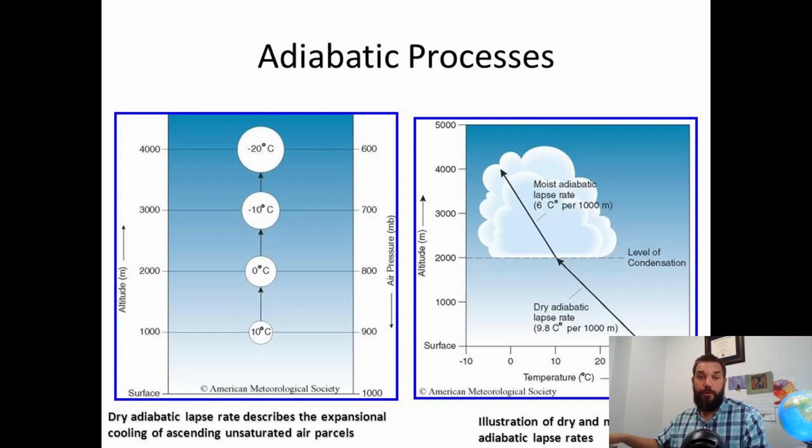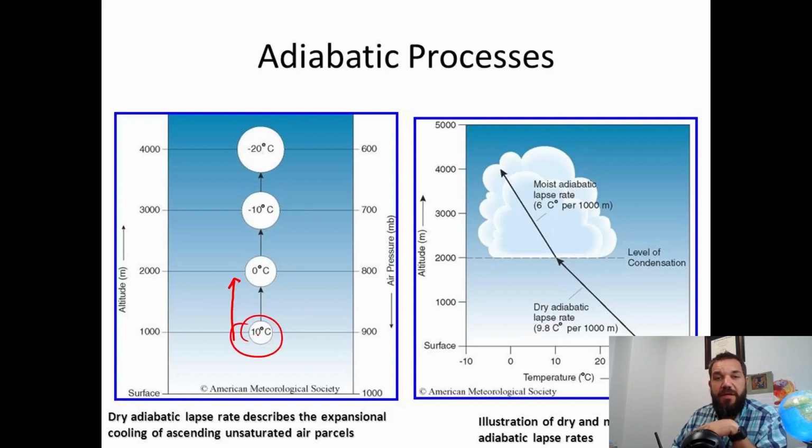Now, on Earth, if you're a parcel of air and you start to rise through the atmosphere, you're going to start to cool off adiabatically. And the rate at which you cool off doesn't change. You're always going to cool off, with one exception, which I'm going to explain in a minute, at 10 degrees Celsius per 1,000 meters. So let's say you start off at 10 degrees Celsius.